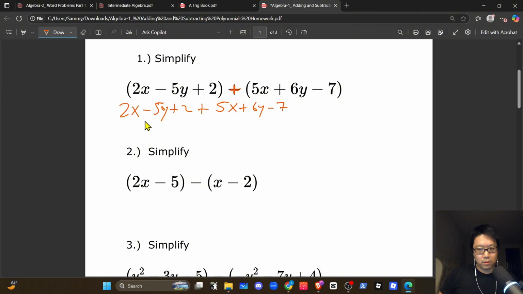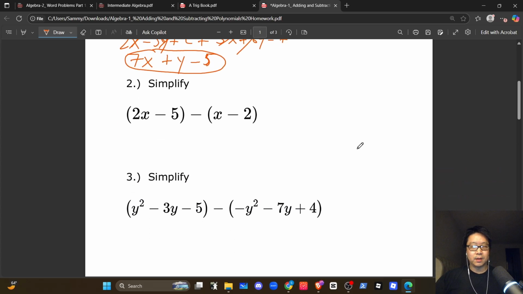So the like terms are 2x and 5x. That gives us 7x. Negative 5y and 6y gives us a positive y. And 2 and negative 7 gives us negative 5. So that's our answer for number 1.